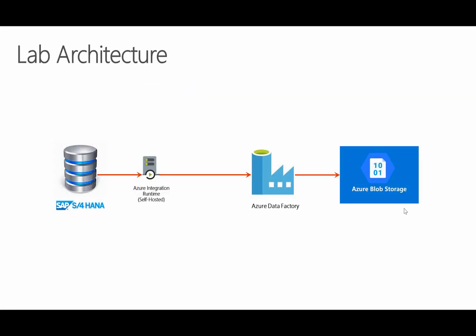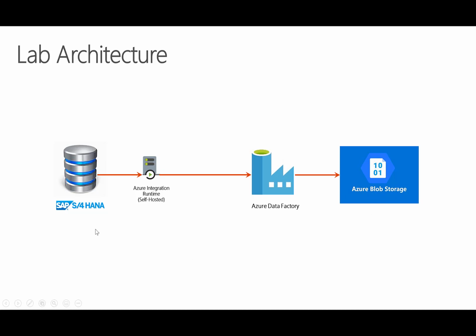So for this lab, we're going to take data from SAP S4HANA. We're going to have a self-hosted integration runtime, which will be on a VM that we will create. And then we are going to have an Azure Data Factory pipeline pulling data from SAP S4HANA using the integration runtime, and copying it to an Azure Blob Storage on Azure.